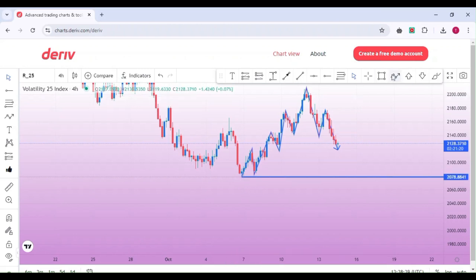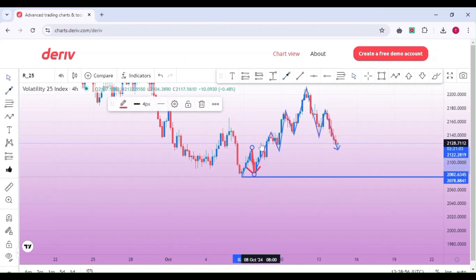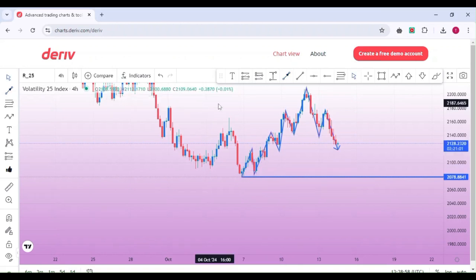How do I conclude that that is a valid higher low? The market did not come past that lower low below here. The market has not gone beyond that point. The market then went up after it reached that point.